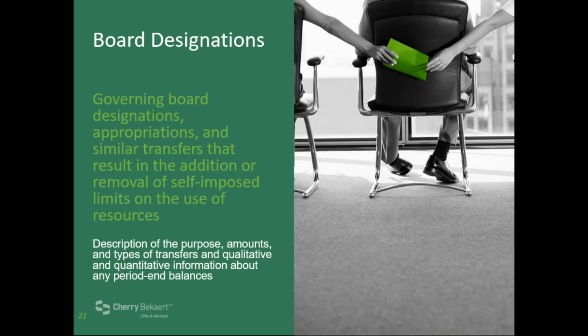Now, board designations refer to those net assets without donor restrictions that have been designated by the governing board for specific purposes. We're now required to disclose descriptions of the purposes and amounts of those board designations. And like Patricia spoke about earlier, you can do that on the face of your statement of financial position, or it can be disclosed in the notes.